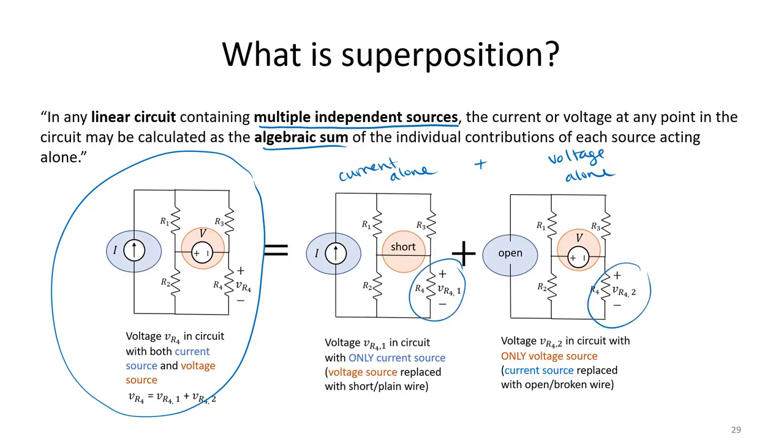And here we can say that VR4 total in our original circuit, our total voltage across our component of interest, is simply the algebraic sum of the voltage with each source considered separately. Notice this is algebraic sum, so you do need to keep negative signs and current and voltage directions in mind.